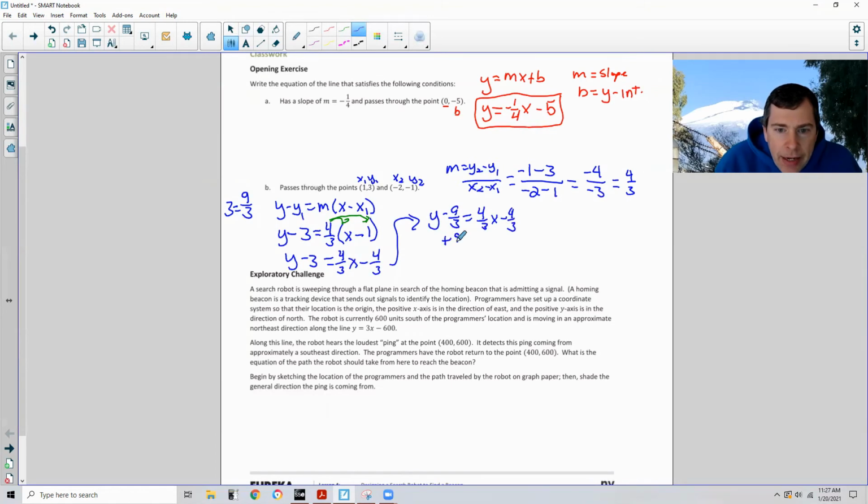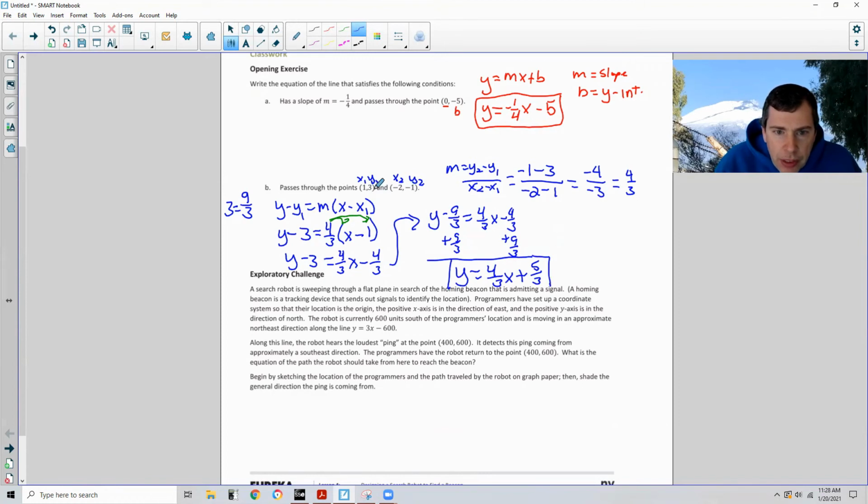So I'm going to add 9/3 to both sides. And that will give me y equals 4/3 x plus 5/3. Okay, so that is the equation of the line passing through these 2 points.